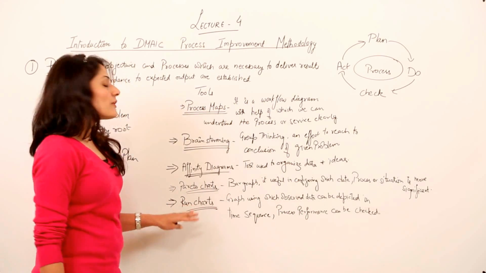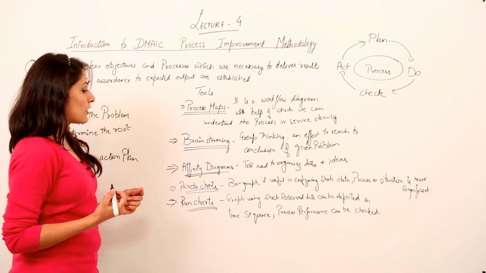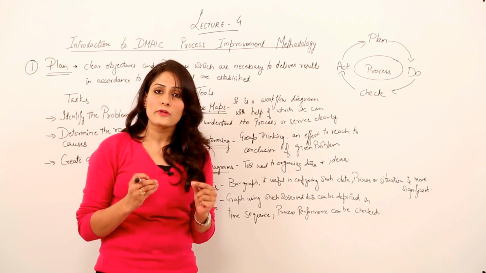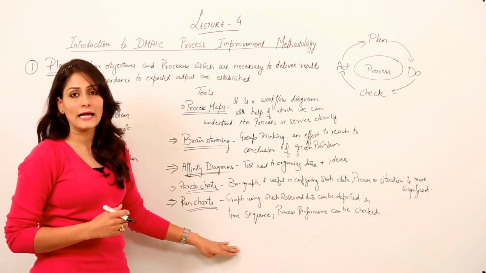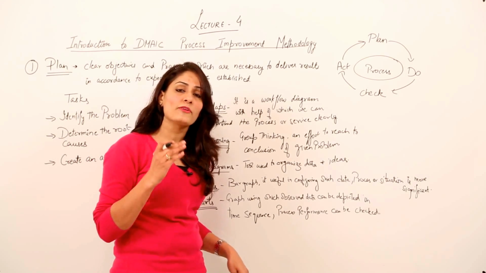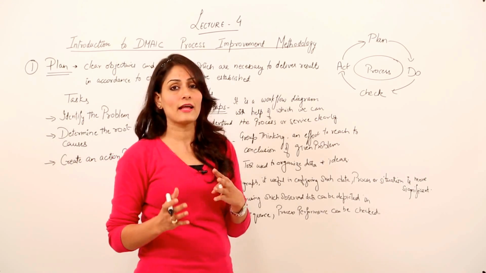And then comes run charts. Now what is a run chart? A run chart is a graph in which observed data is depicted in time sequence, so that we can study the performance of a process and analyze it.